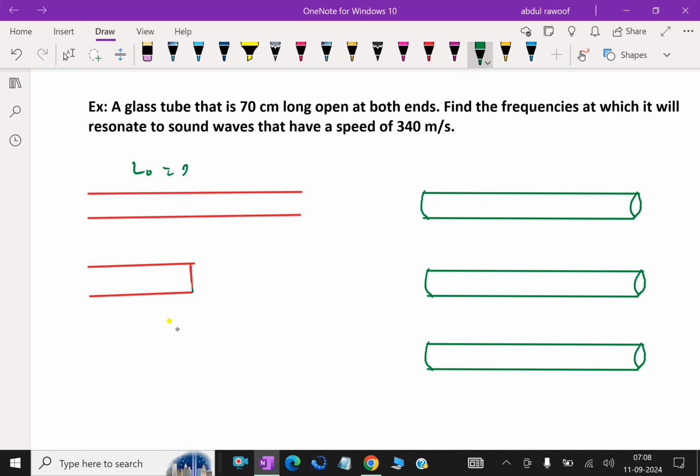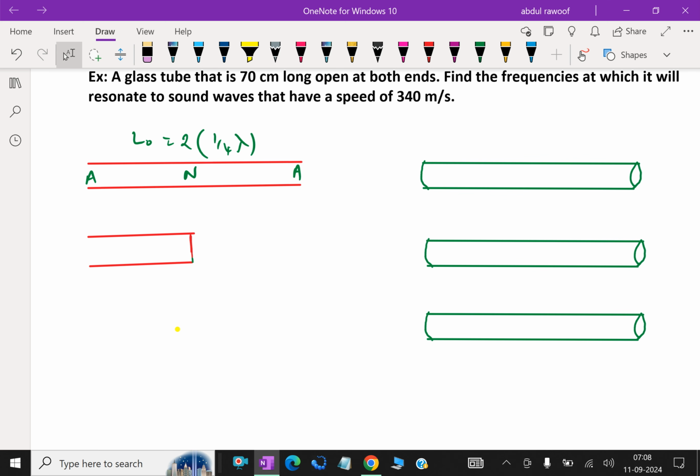If it is closed on one side, this is node, this antinode. Here L is equal 1 by 4 lambda.